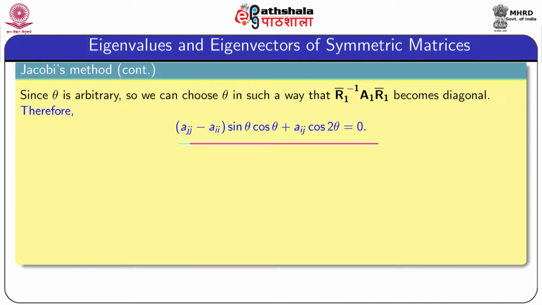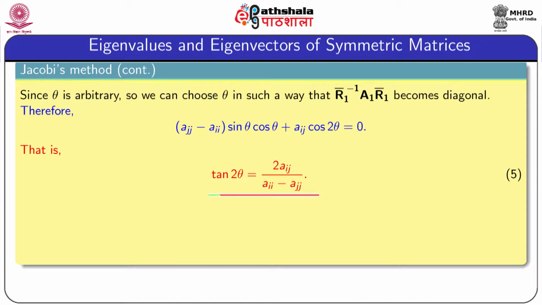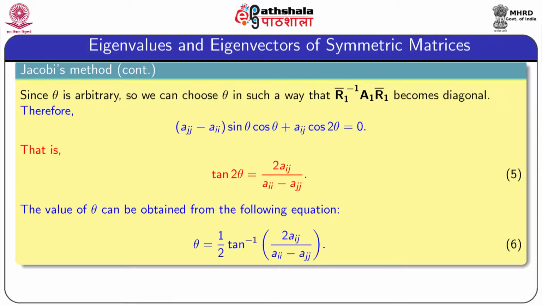Therefore, ajj minus aii whole into sin theta cos theta plus aij into cos 2 theta equal to 0. From this equation we get tan 2 theta equal to 2 aij by aii minus ajj, or this equation can also be written as theta equal to half of tan inverse of 2 aij by aii minus ajj. That means equation 5 or equation 6 gives the rotational angle theta.